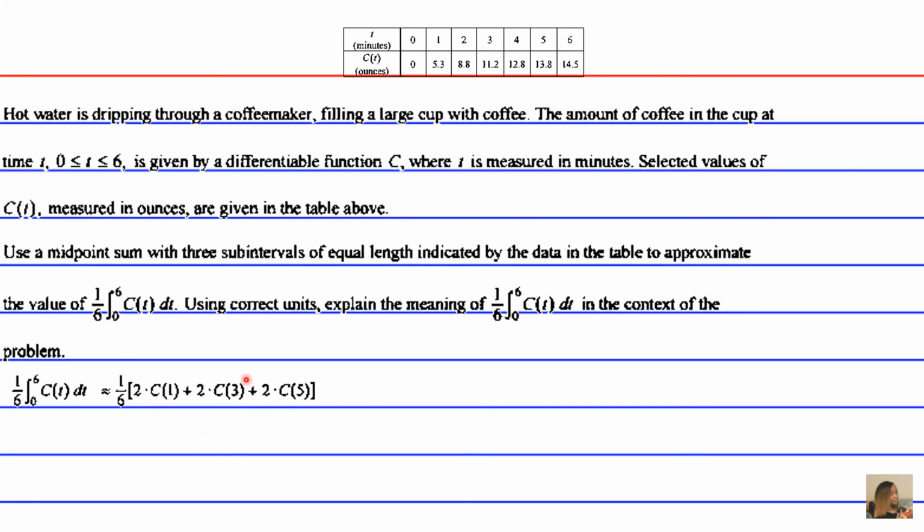So we're summing the values found at our midpoints times our width of 2, and we have 3 subintervals. So we fulfilled all the requisites denoted in our question stem.